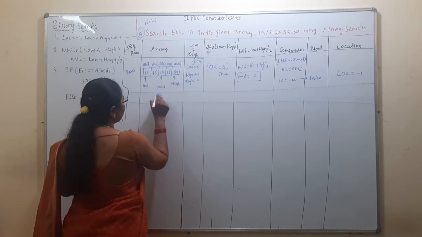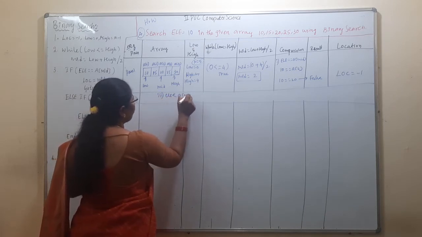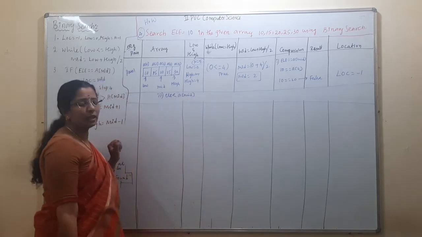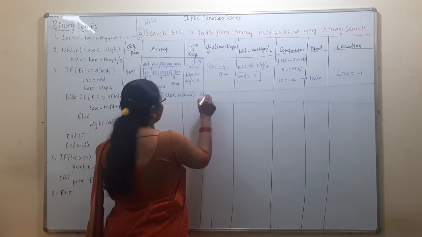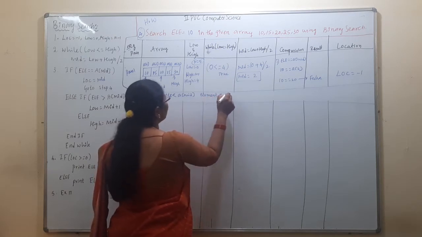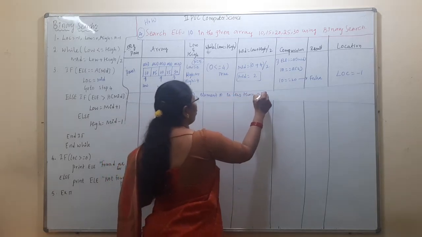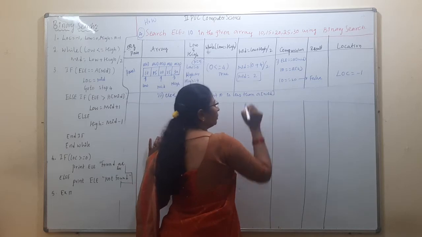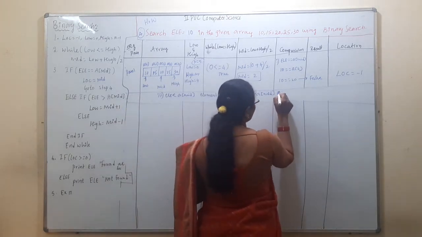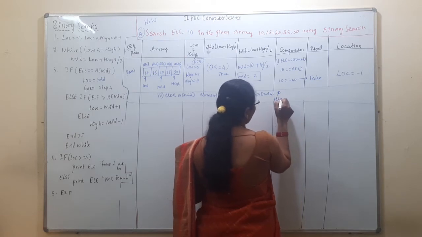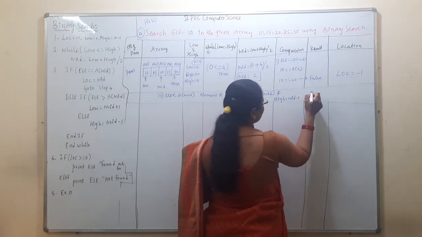Here, condition number 3: element is less than A of mid. Element 10 is less than A of mid. So change high pointer equal to mid minus 1.